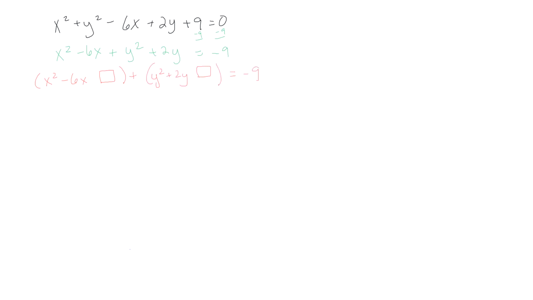To figure out what's missing, I'll take half of the middle term and square it. So half of 6 is 3. 3 squared is 9. I'm going to add 9 here and add 9 here.